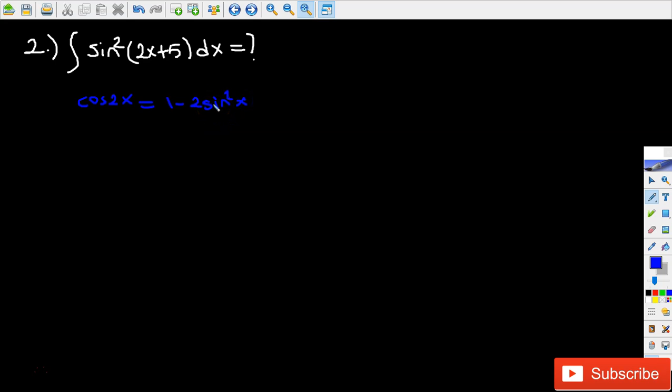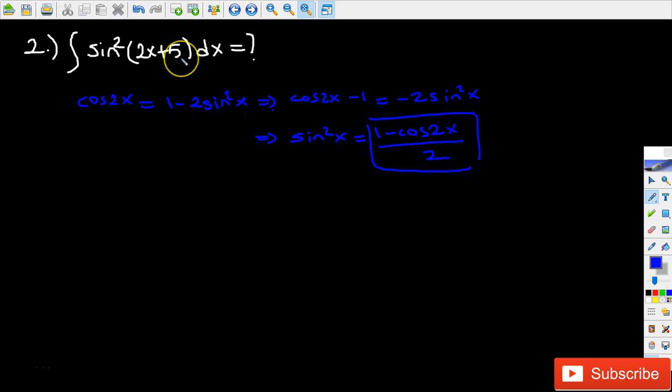If I solve this equation for sine squared x, here's what I'm going to get. I'm going to subtract 1, so we get cosine 2x minus 1 equals negative 2 sine squared x. And then if I divide each side by negative 2, I'm going to get sine squared x equal to 1 minus cosine 2x divided by 2.